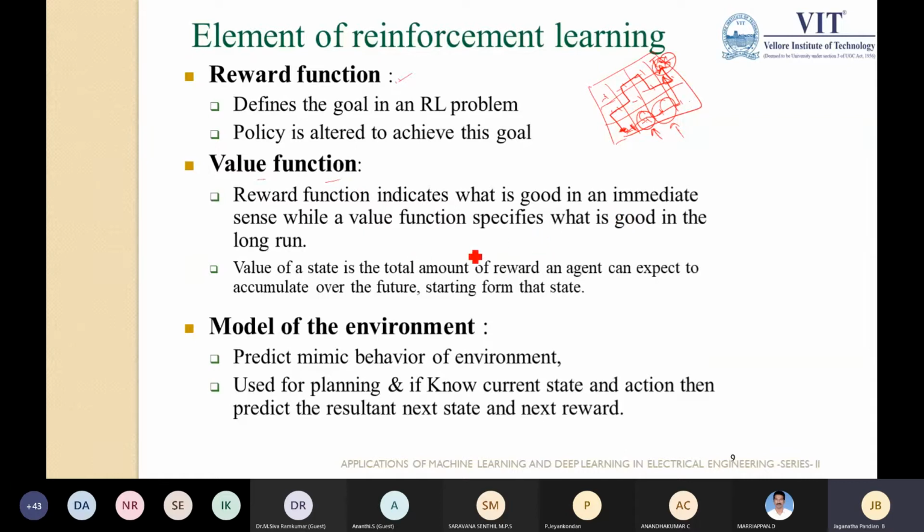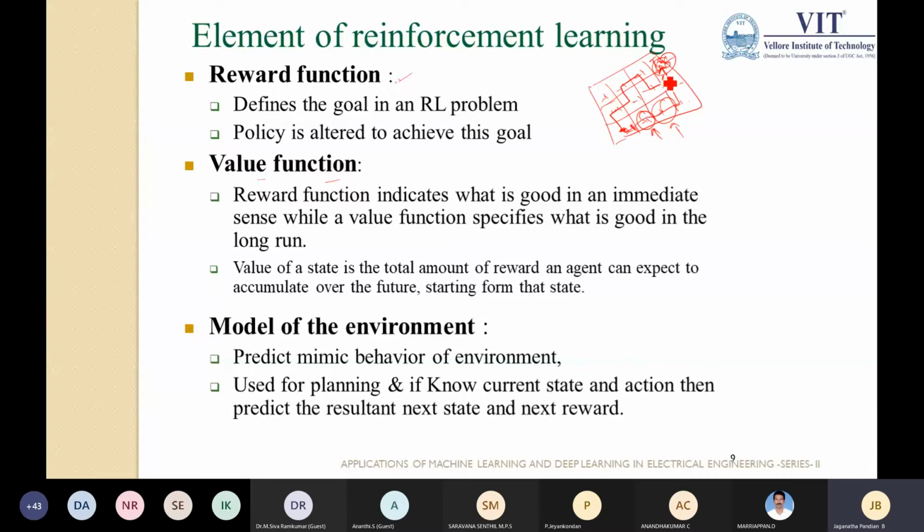So the value function specifies what is good. Compared to this long route, this route will have a shorter path. Imagine you are adding with -1 itself, without any other features. If I take this path, there is -1, -1, -1, like this, 1, 2, 3, 4, 5, 6, 7 -1s and then 100.